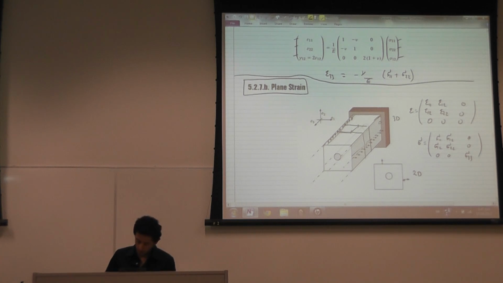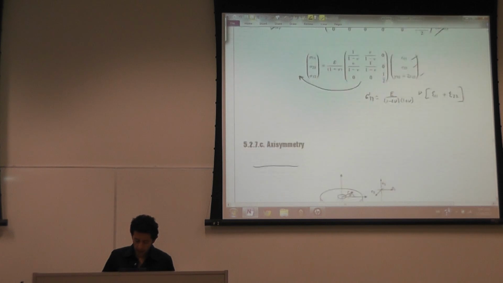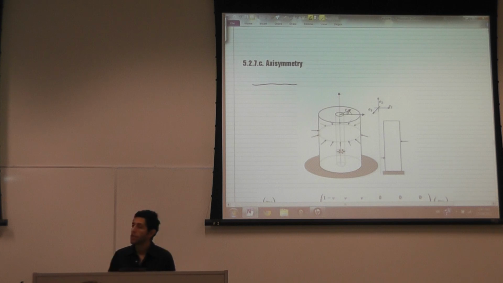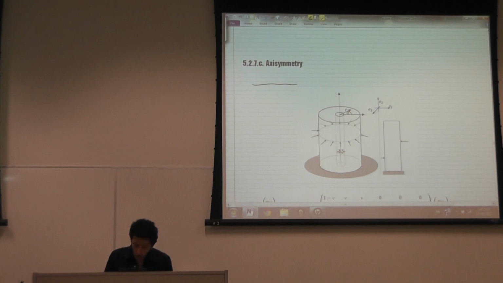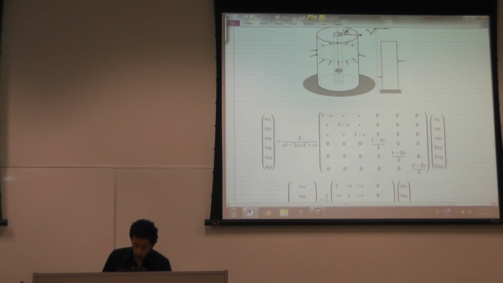Now the third plane assumption is axisymmetry. Whenever your geometry is cylindrical, the load is cylindrical, and the boundary conditions are cylindrical as well, then instead of looking at this in 3D, I can extract a cross section and look at it in 2D, where this is the strain relationship.